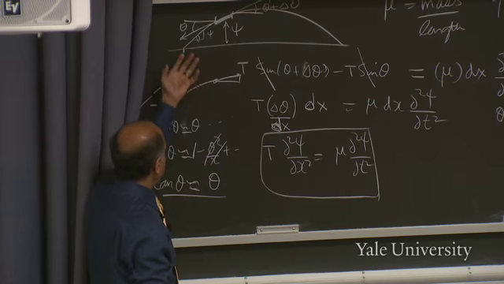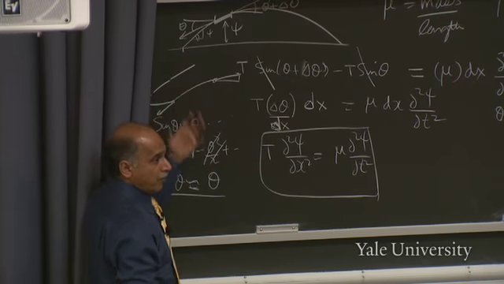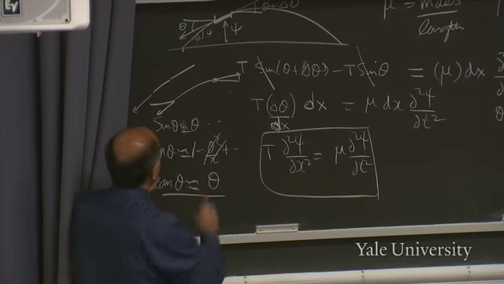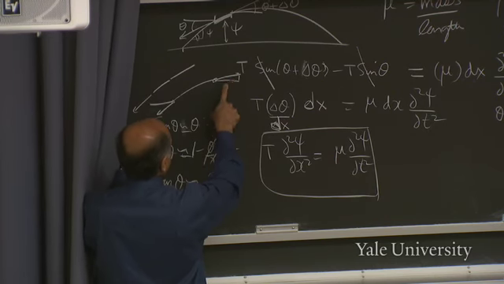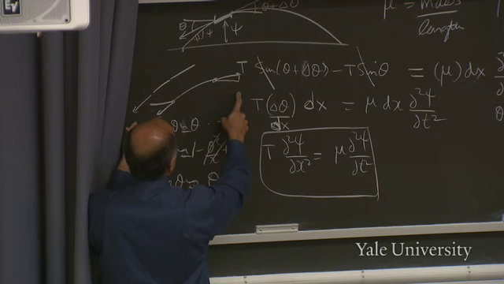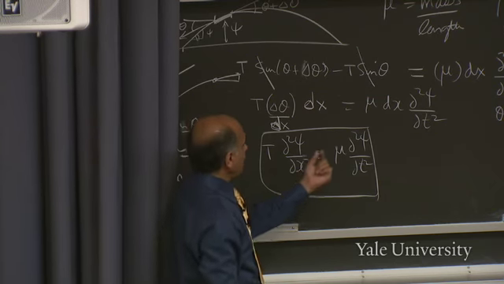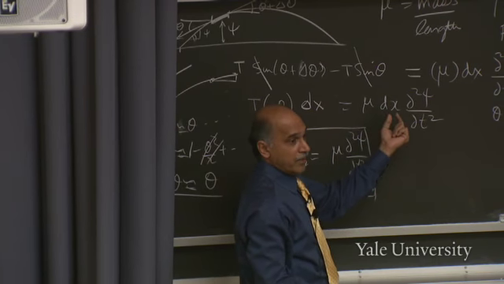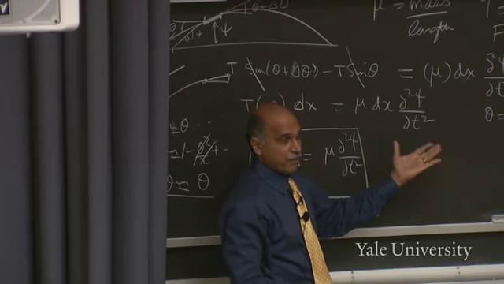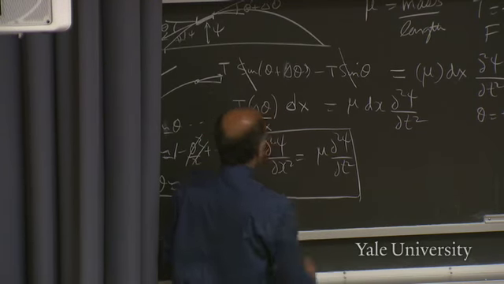Therefore, there's a net force bringing you down. The amount bringing you down is because the derivative here and here are not the same, because the derivative is the slope. So the whole thing depends on the rate of change of the rate of change, and that's why you get this. But the mass of the tiny segment also depends on dx. So dx cancels in the end. You drop it, and you get this equation.